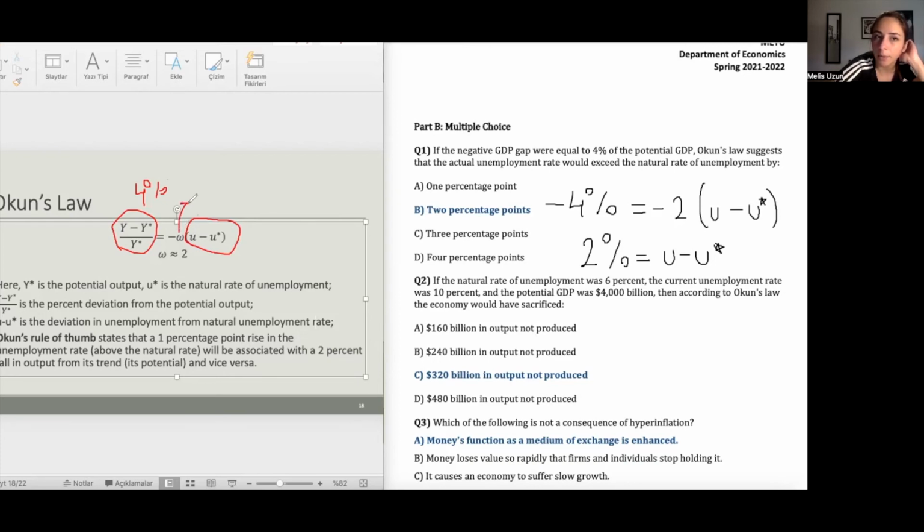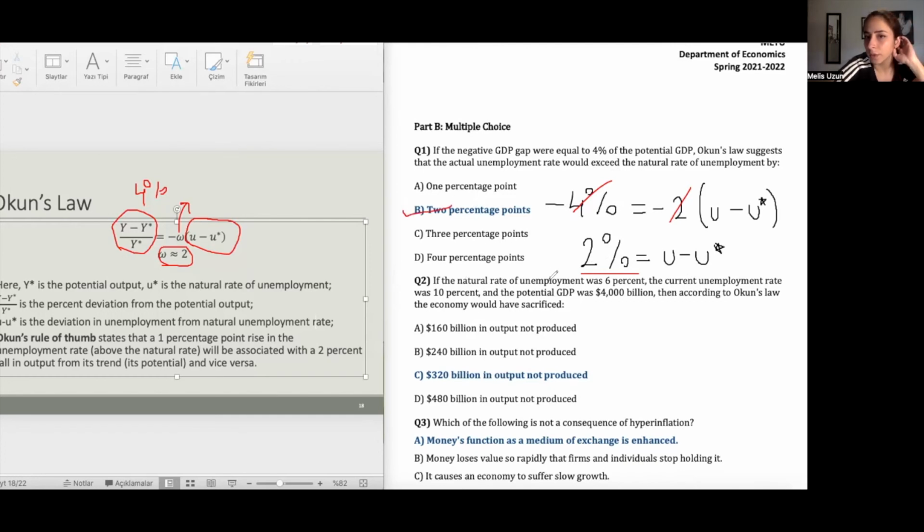We know this parameter is equal to 2. So negative 4% is equal to minus 2 times actual unemployment rate minus natural rate of unemployment. If you divide negative 4% by negative 2, you will find 2%. So the actual unemployment rate minus the natural rate of unemployment is equal to 2%.